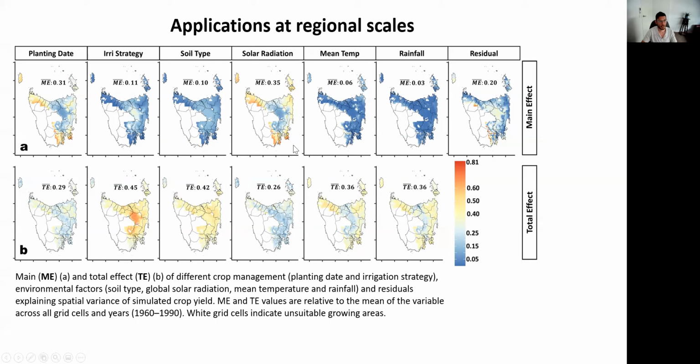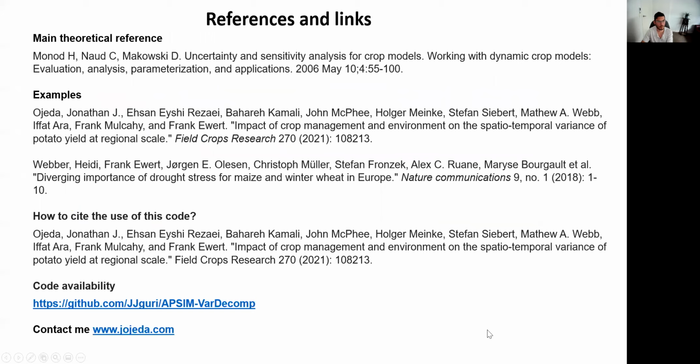So this is a really nice way to visualize how the variance of an output is affected differently across space, spatially across a region. This is Tasmania, which is an island in Australia. You can read more about this by looking at the paper, which I will provide in the reference part.